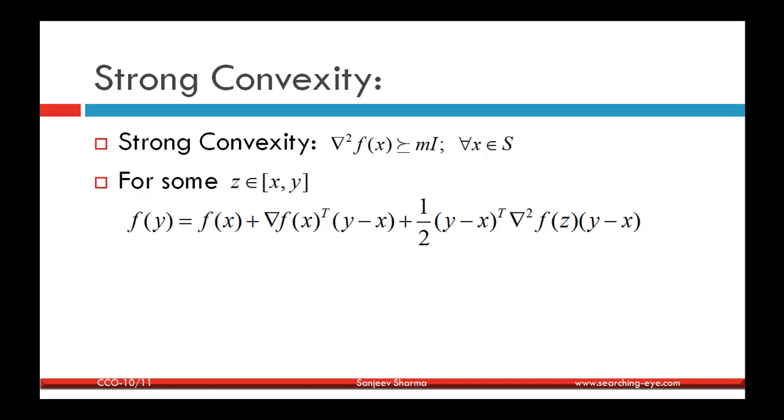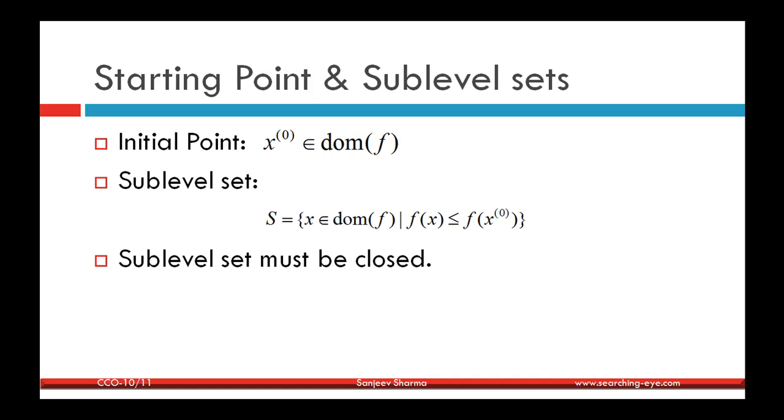So strong convexity implies that this equation holds for all x, y belonging to the sublevel set S, where the sublevel set is again defined as S, the set of all x belonging to the domain of the function, so that f of x is less than or equal to f of x0.